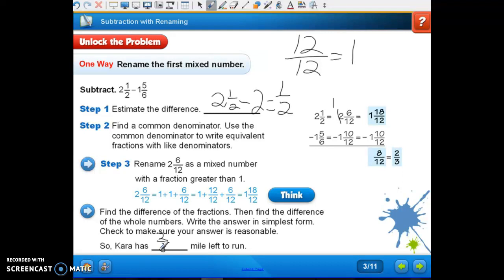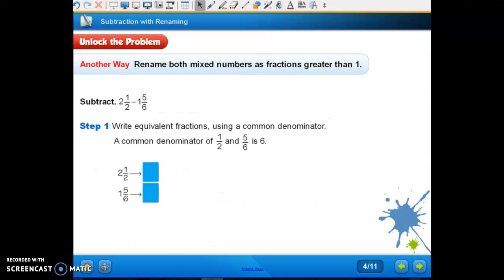Okay, so let's move on. Now we are on page 270.